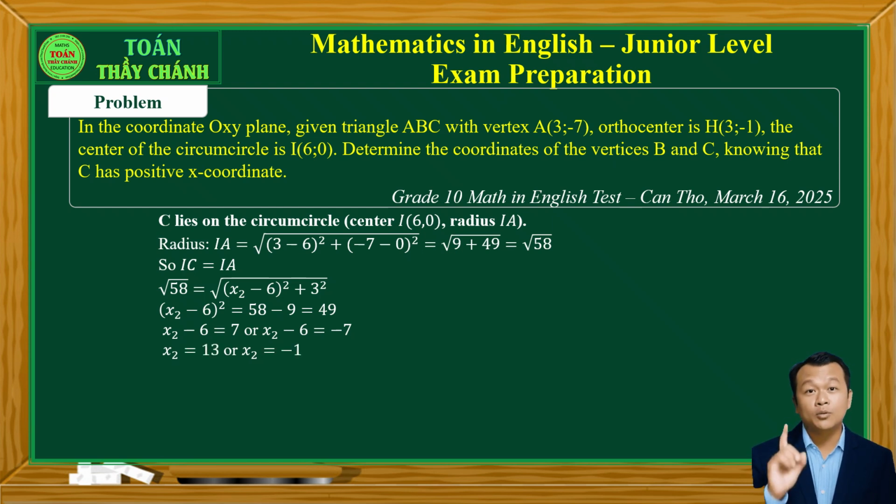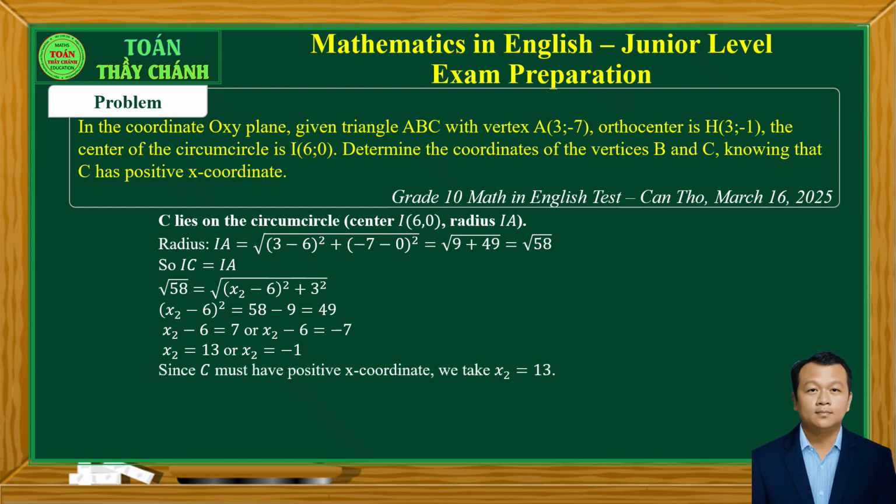Hence, x2 = 13, or x2 = -1. Since point C must have a positive x-coordinate, we take x2 = 13. Then, from the relation x1 + x2 = 12, we find x1 = 12 - 13, which is -1.